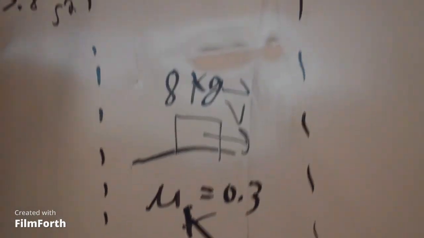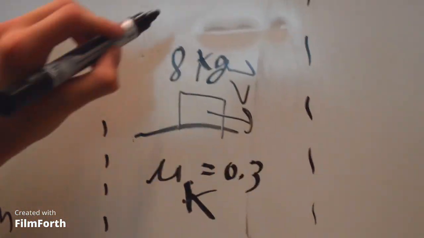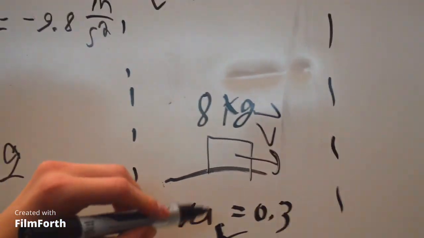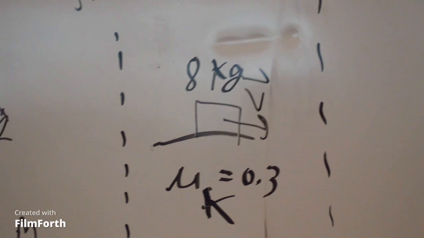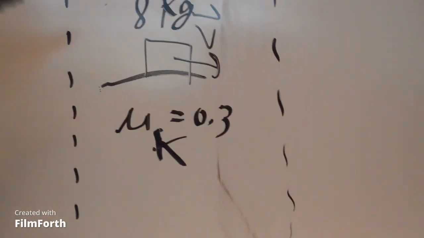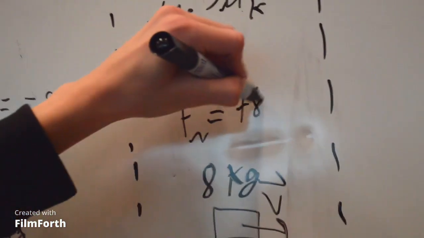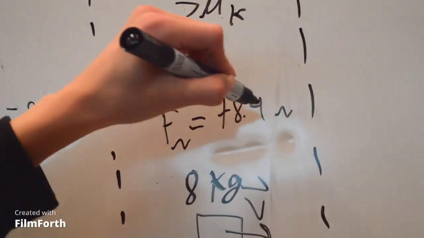Well, recall that our equation for friction is mu times Fn. In this case, Fn will just be the same as the gravitational force, 8 times 9.8, which will give me 78.4 newtons. So we can just write down Fn equals 78.4 newtons.